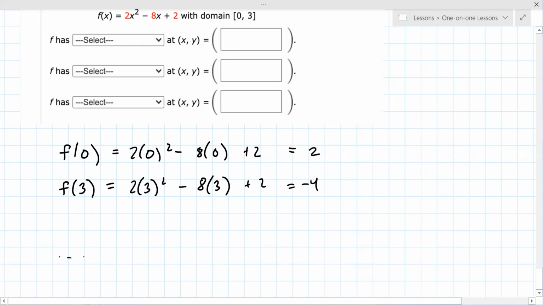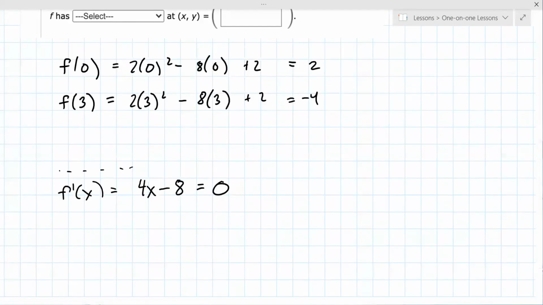Now you leave a little space and you find the derivative. So the derivative of this, f prime of x, can you tell me what that is, please? Yeah, 4x minus 8. And what you do here is you set it equal to 0. What value for x makes this equal to 0?